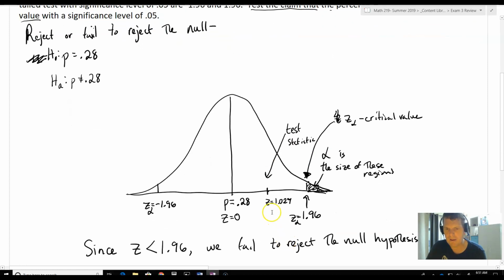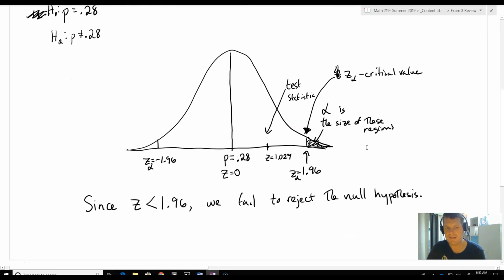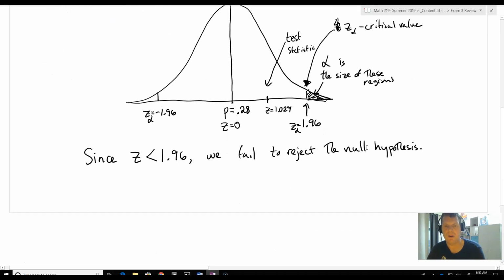If my test statistic is in the critical region, then I'm going to reject. Since my test statistic is not in the critical region, I fail to reject. And that's it. Since z is less than 1.96, we fail to reject the null hypothesis.